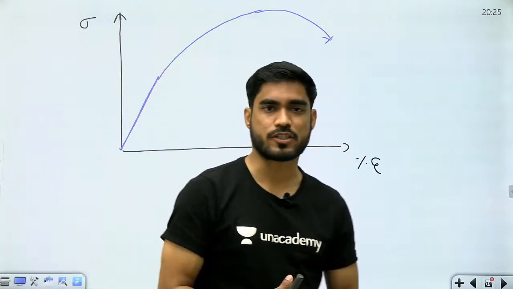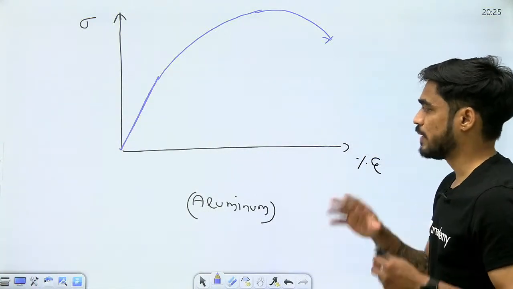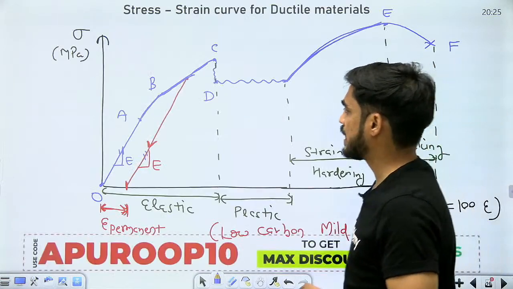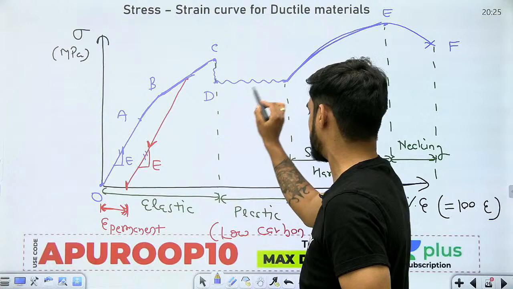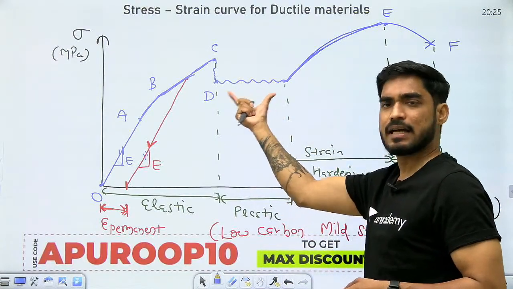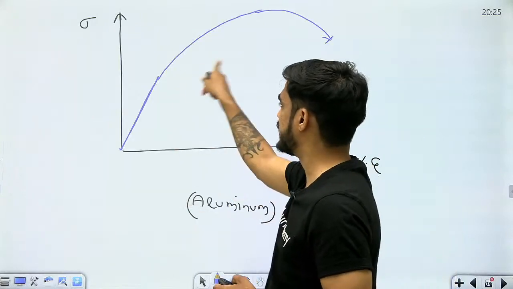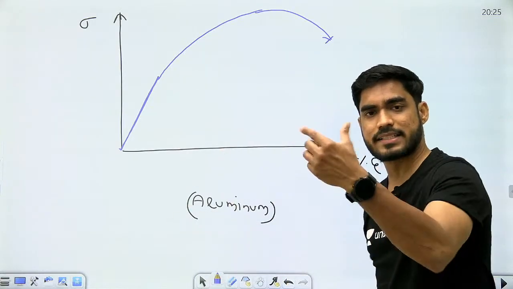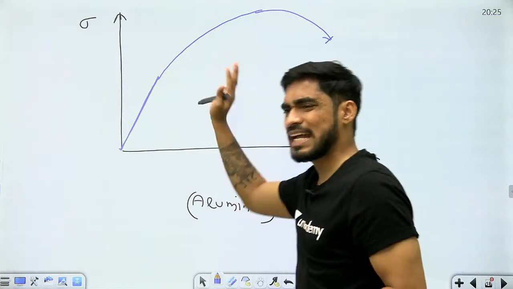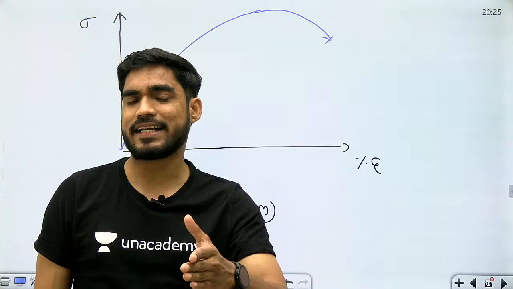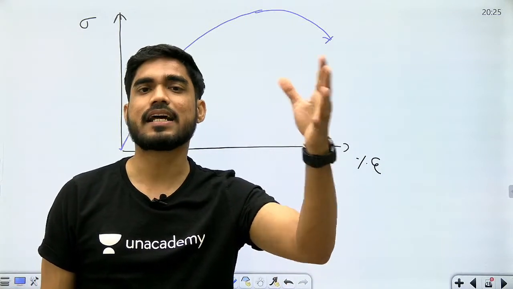Can you see what difference is coming? If you see the stress strain curve of low carbon mild steel, you can clearly see the yielding process, right? You can clearly see the plastic deformation under constant load, but here you cannot see that. Here the material becomes elastic to plastic suddenly.